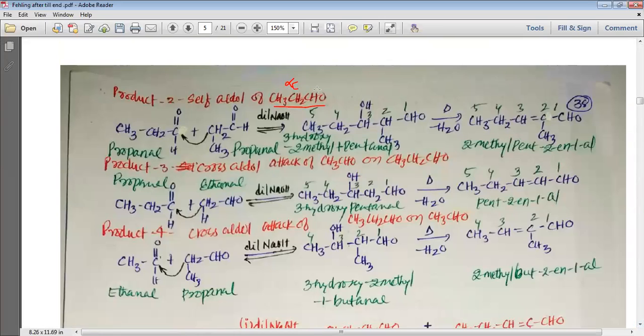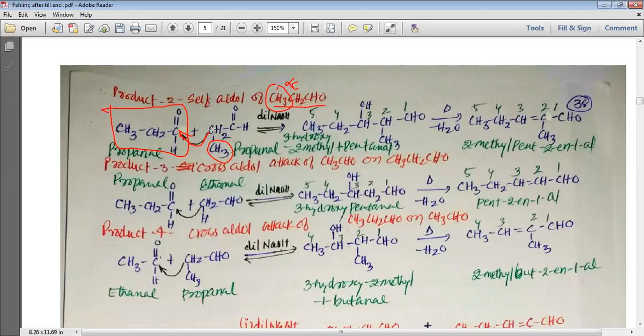We know that the attack must be done on the carbonyl carbon. So first, where the attack takes place, we have written the carbonyl carbon in this manner. Now we want to do the attack from the alpha carbon, so this CH3 group should be written as a branch. And the attack takes place from the alpha carbon. You can easily see, my dear students, the alpha carbon attacks the carbonyl carbon.